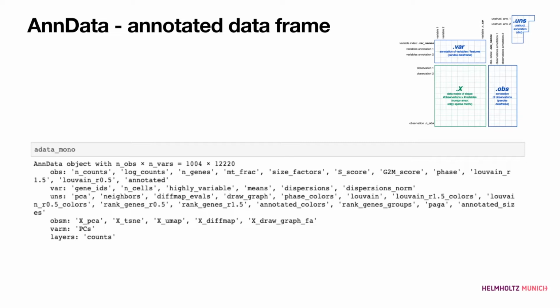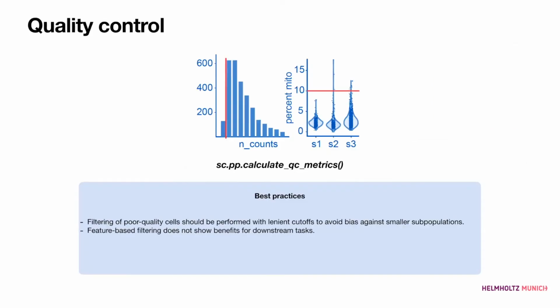So first off, let's start with quality control. The data that you're getting may have different quality issues. There might be poor quality cells, and there might also be some genes that are not actually expressed at all in your data, and that you may want to filter out to reduce its dimensionality.